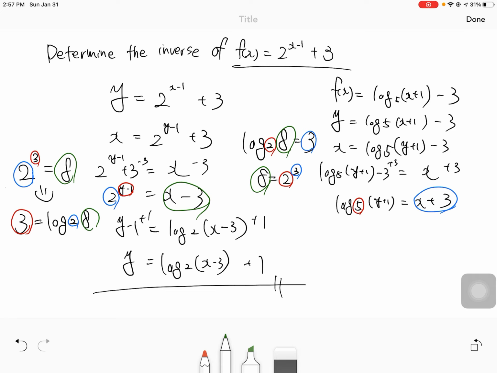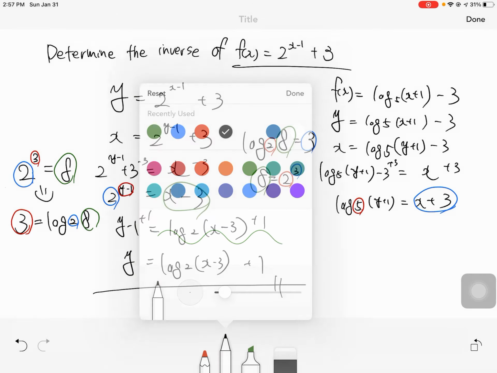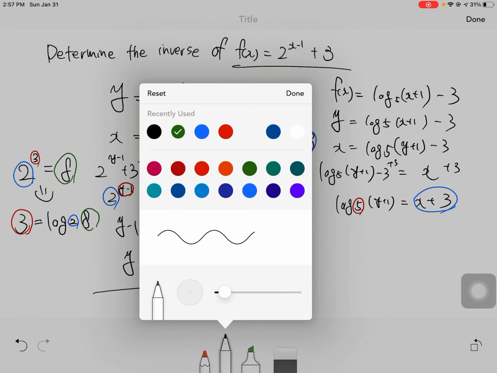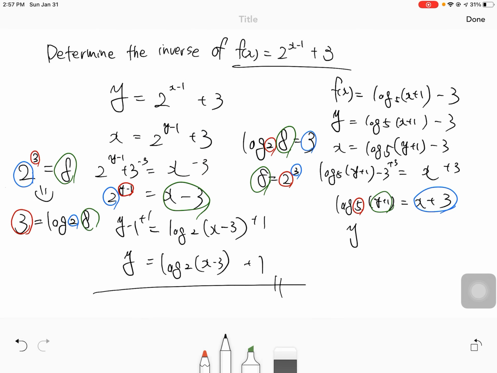So the green one is equivalent to the red one to the power of the blue one, right? Then minus 1 for both sides. y is equivalent to 5 to the power x plus 3, minus 1. That's it.